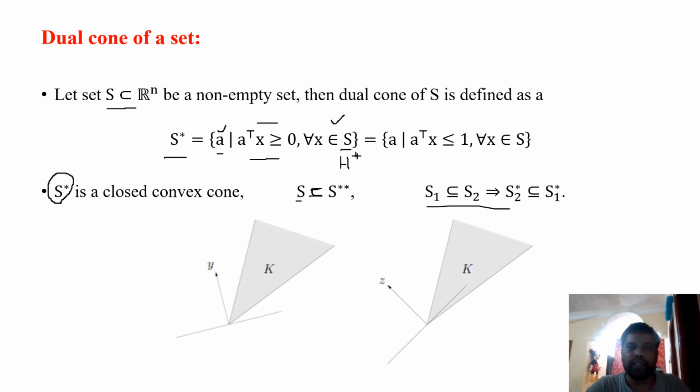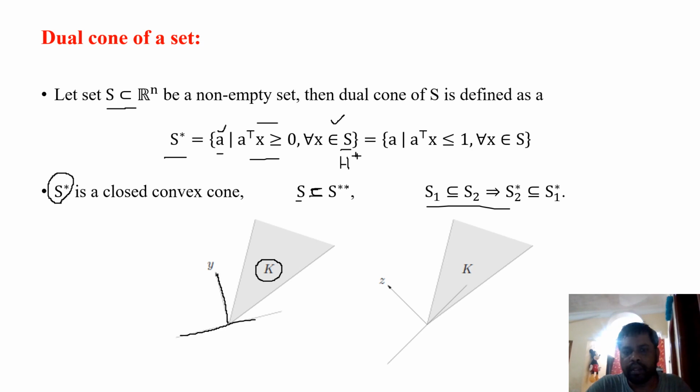Here I have taken one example, where K is a given set. It looks like a convex cone structure, which is very fine. Now we will try to find the dual cone of this given set K. We take one direction y. With respect to y, we define a hyperplane.